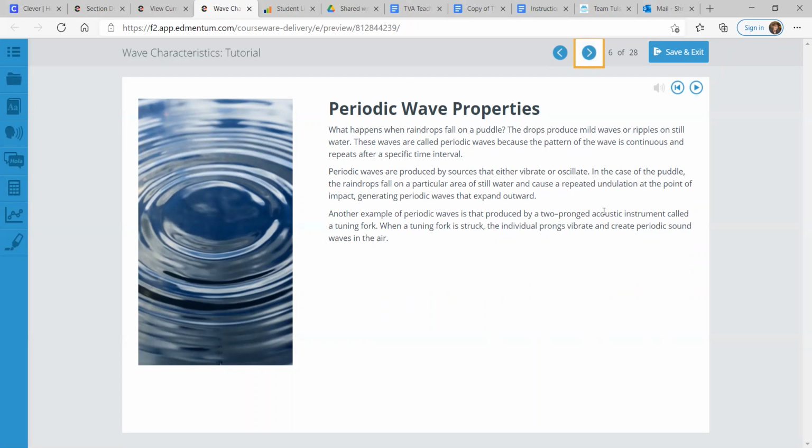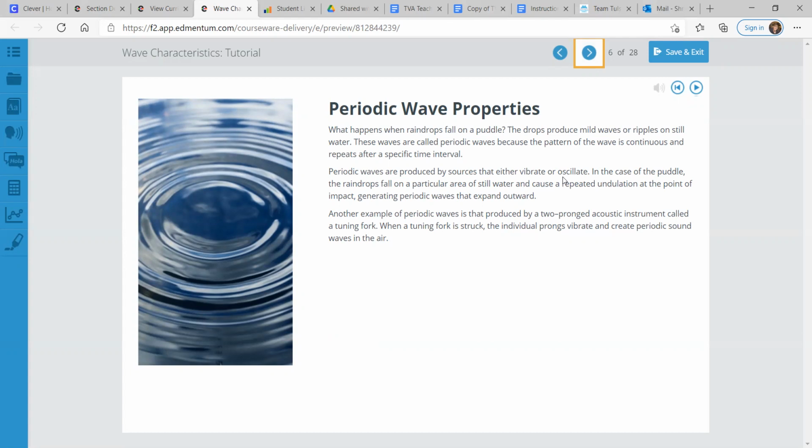So there's a pattern and it repeats. Each wave will be periodically coming again and again. Periodic waves are produced by sources that either vibrate or oscillate. Oscillate is another word for wave, like a back and forth motion.